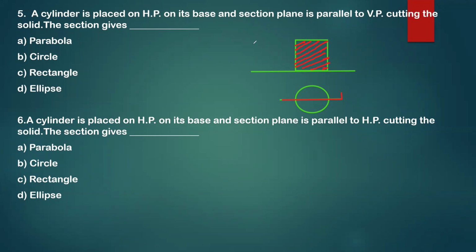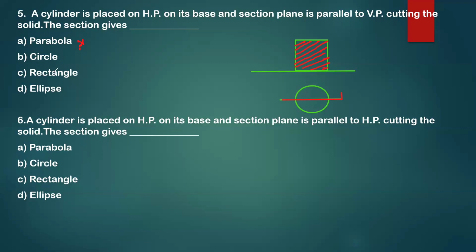So we'll check the options. Parabola, there is no question of a parabola. Then circle, we can't get a circle. We would get a circle if the cutting plane were parallel to the HP, then the section portion might have been a circle.